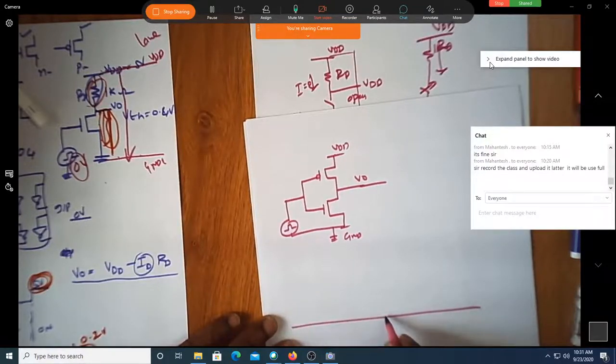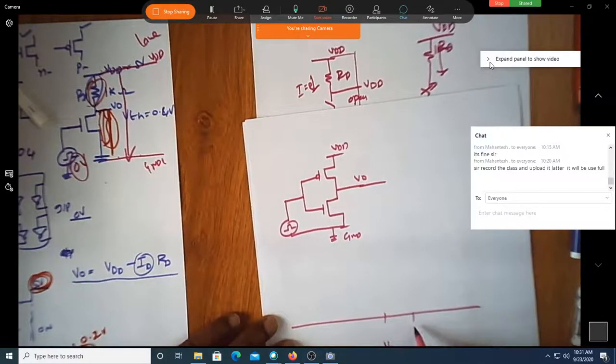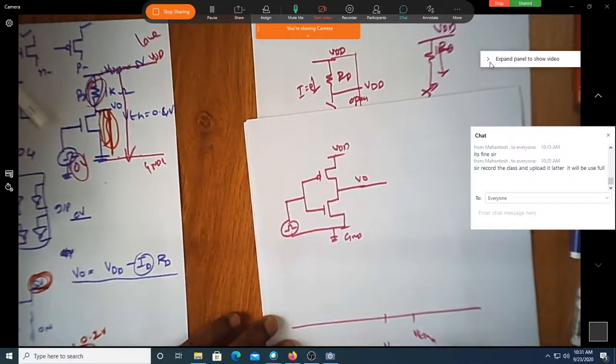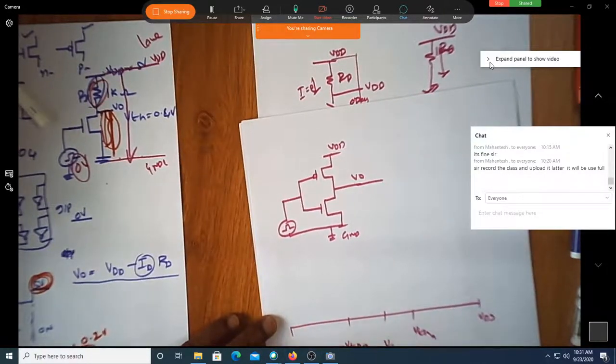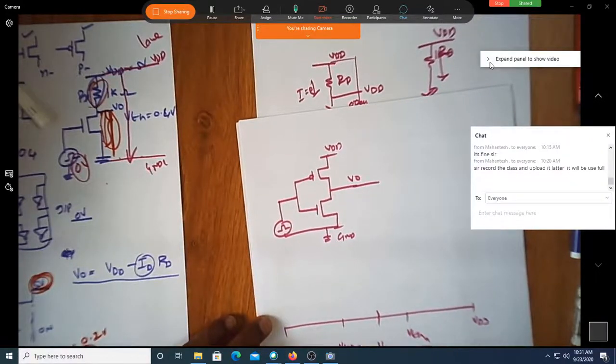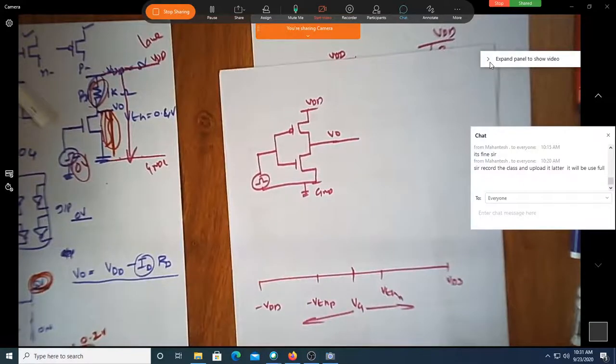This is VG. There is a VTHN, there is minus VTHP, there is a VDD, and there is a minus VDD. VG can be positive or negative.